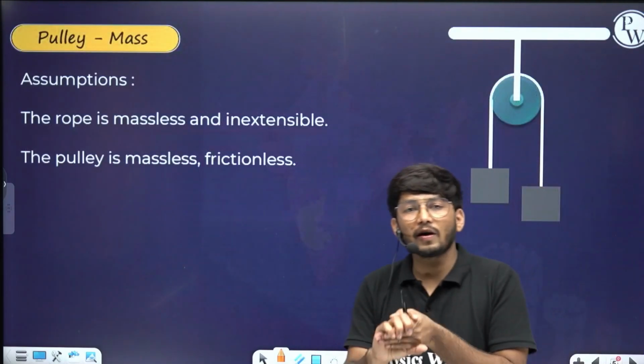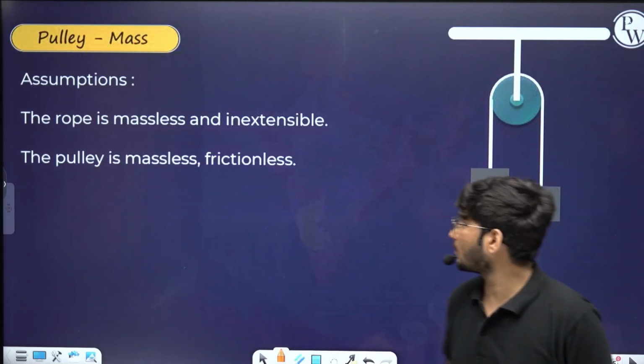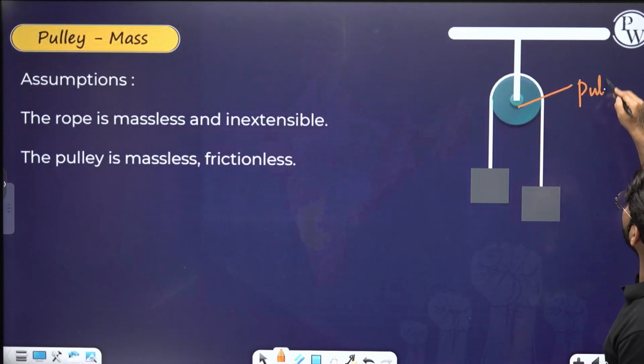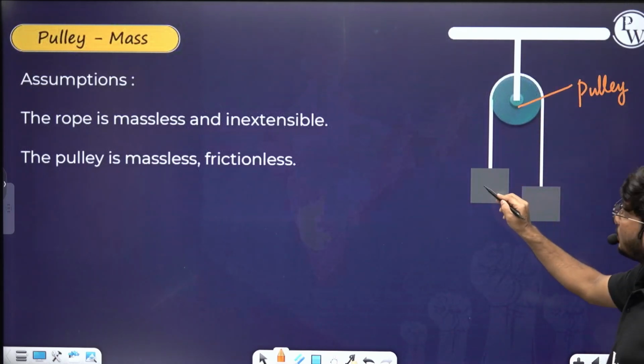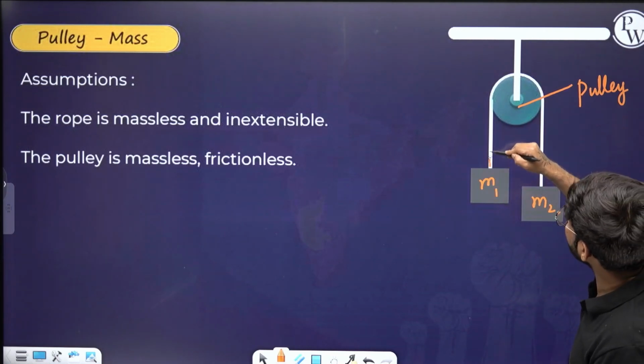Now let us look at what a pulley mass system is. A pulley mass system is a combination of a pulley, this one, which we call a pulley, and these are masses m1 and m2 connected by a string.